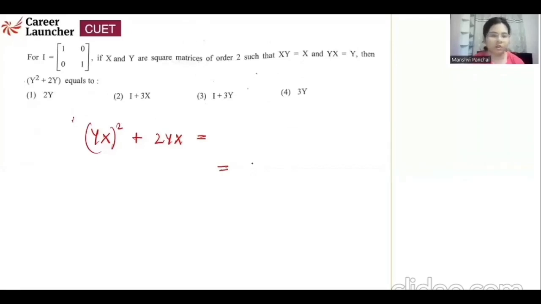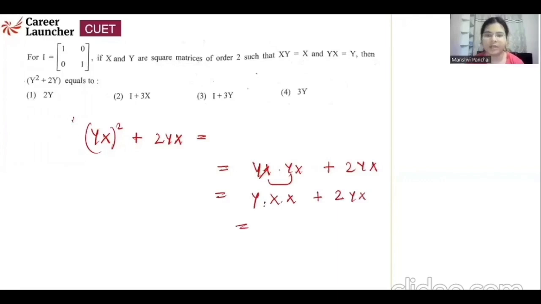So (yx)² will be yx into (yx + 2yx), right? Now yx into yx, I can club this up as xy. So this will become y into (x + 2yx), right?